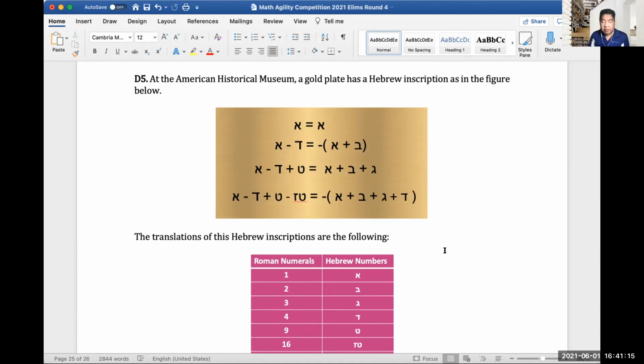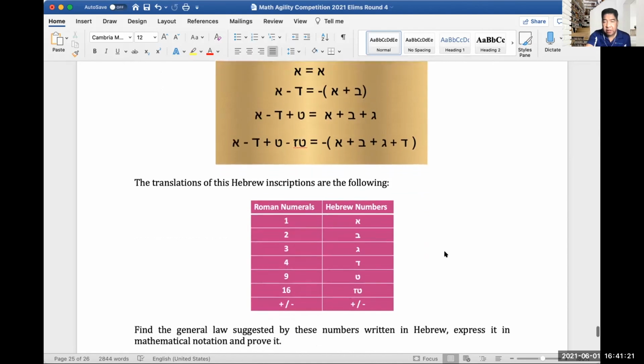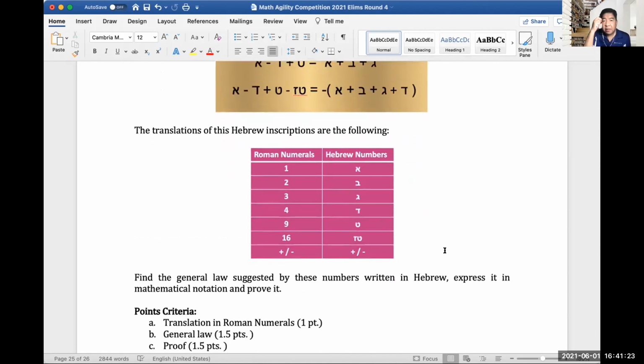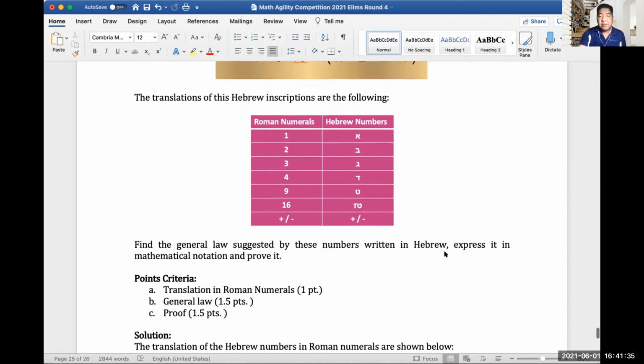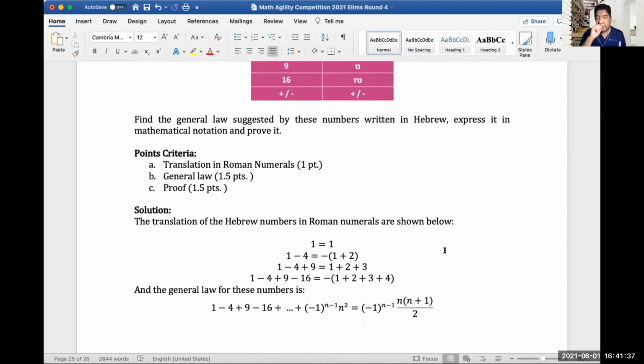So this is an inscription in Hebrew, and the following translations are given in Roman numerals, right? So the question is, find the general law suggested by these numbers written in Hebrew, express it in the mathematical notation and prove it. So the points criteria is that we need to translate it in Roman numerals.